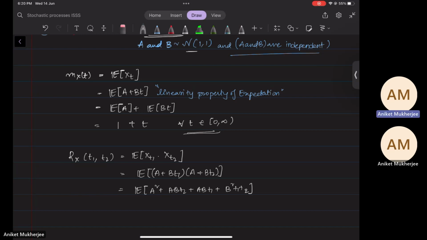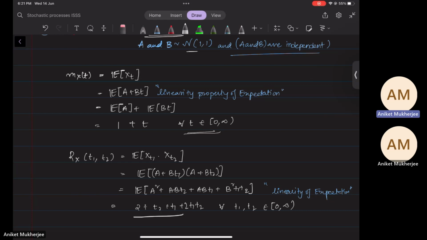Now again you apply linearity, and the result is 2 plus t2 plus t1 plus 2 t1 t2, for all t1, t2 belonging to [0, infinity). Here also you can see that this is a function of t1 and t2, not a function of t1 minus t2.